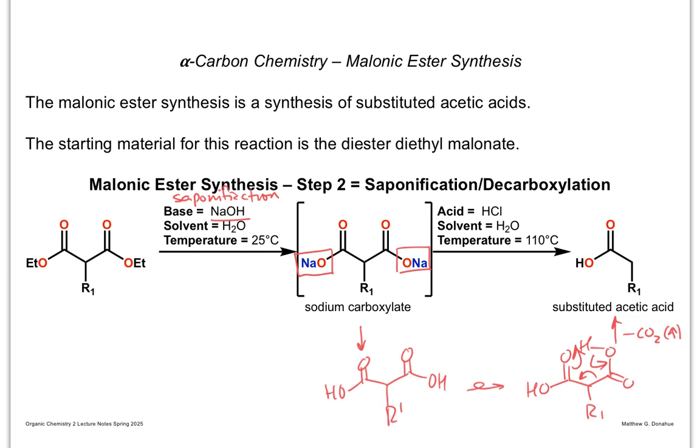So really, maybe I can put a warning on there. As long as your beta carbon is sp3 hybridized, you can make any carboxylic acid. If the beta carbon's sp2 hybridized, then you can't do this because the alkylation proceeds through SN2.